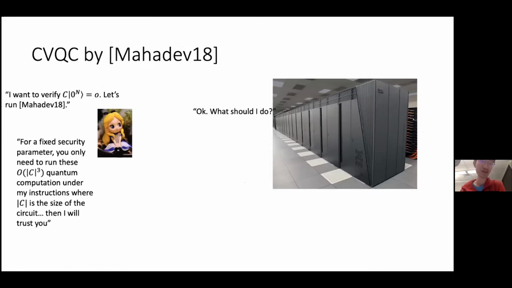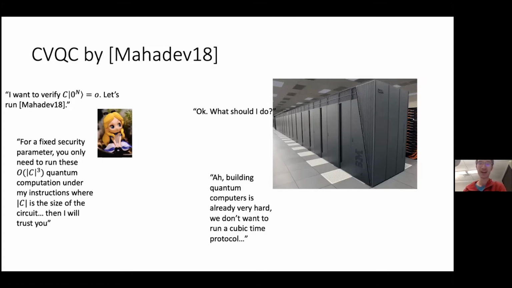Following the protocol, for a fixed security parameter, the server needs to run a quantum computation of size cubic in the size of the circuit to be verified. If you do this in practice, with high probability, the company will tell you, building quantum computers is really very hard. We don't want to run a cubic time protocol.